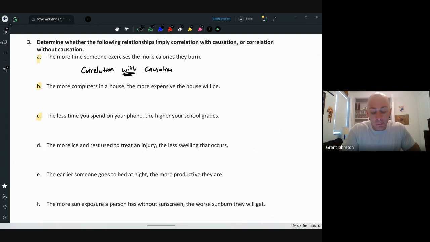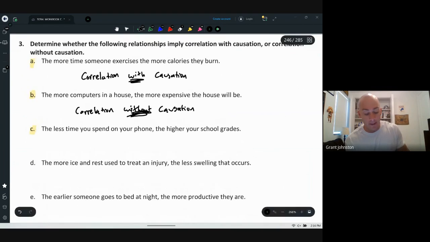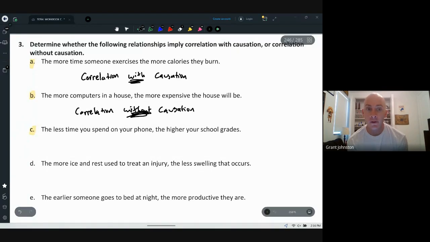B says the more computers in a house, the more expensive the house will be. This is without. Now, with no doubt in my mind, there's a correlation here.